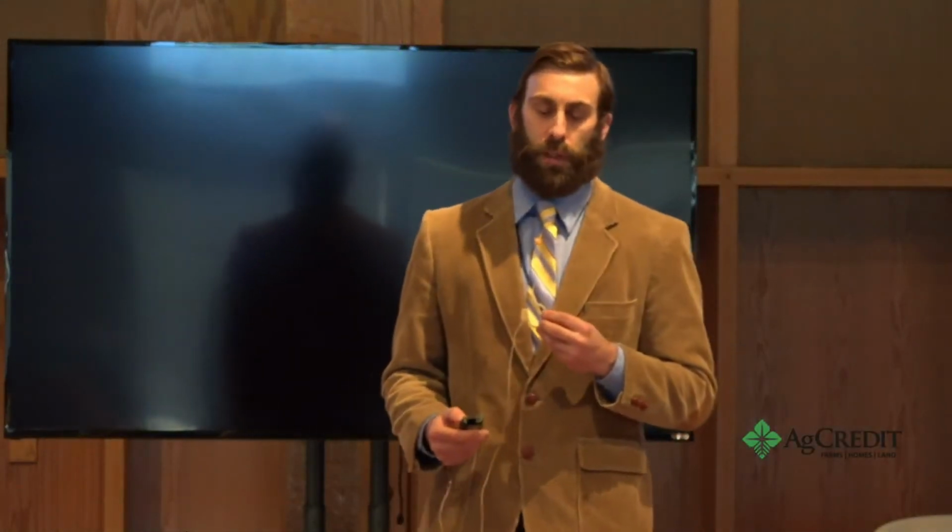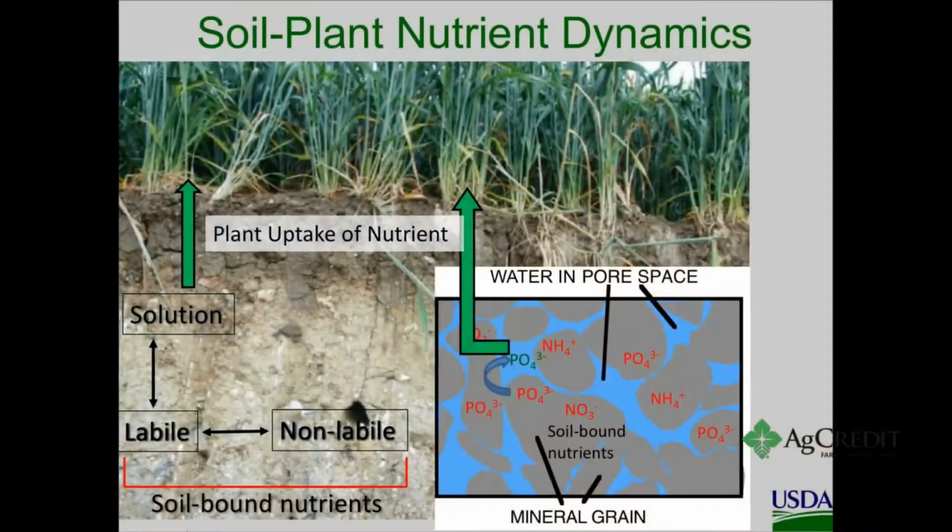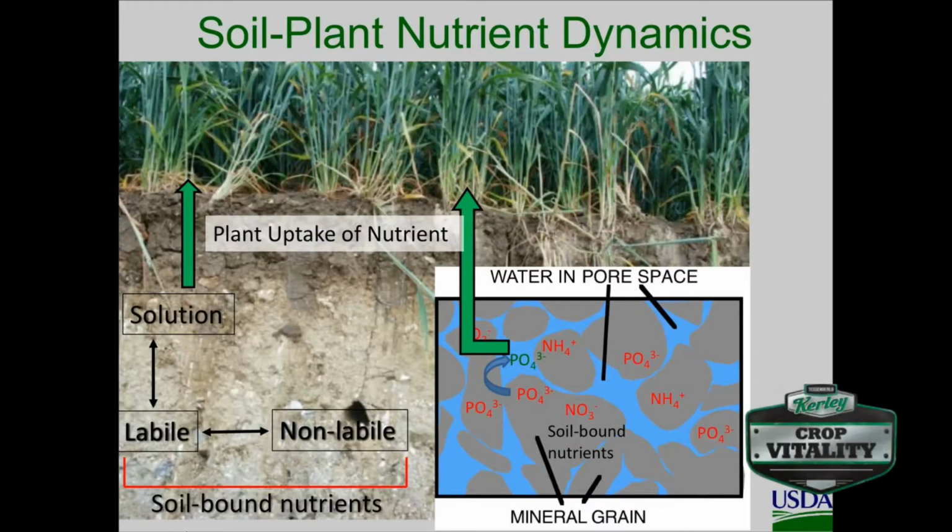Here's how it looks if we try and illustrate it a couple different ways. In the soil, you have your phosphorus. We just very broadly categorize it into a couple different pools. You've got your soil-bound phosphorus. Within that, we can break it up into the labile pool and the non-labile pool. That's the phosphorus that's held very tight and the phosphorus that's not held as tight, and they're in equilibrium with each other. And that labile pool is in equilibrium with the solution pool.